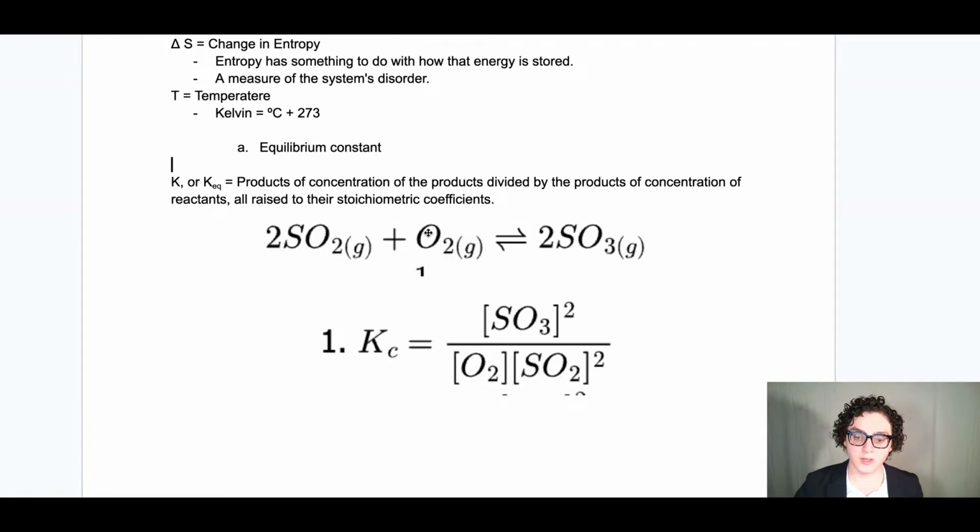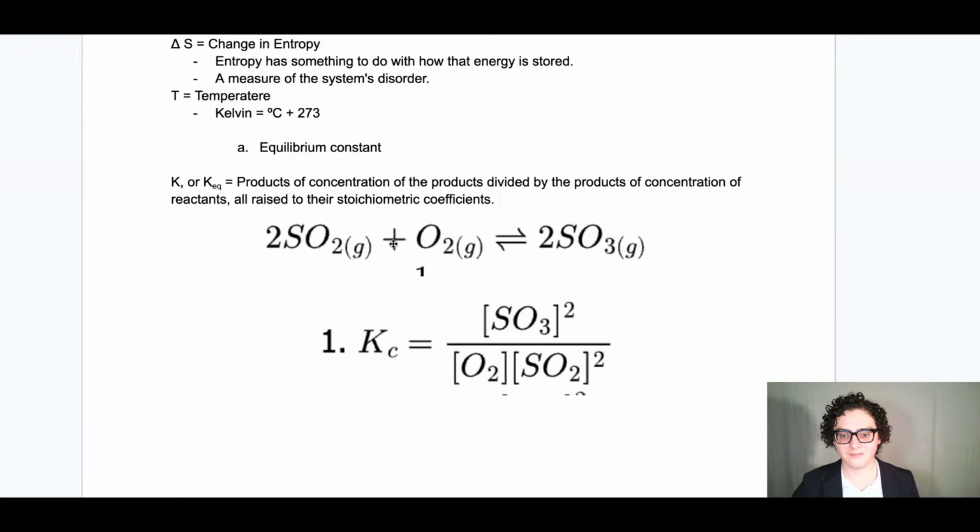If we were doing a balancing equations problem, these stoichiometric coefficients wouldn't be there yet, and we'd have to figure them out. But this reaction is properly balanced. Two sulfurs on this side, two sulfurs on this side, six oxygens on this side, six oxygens on this side.